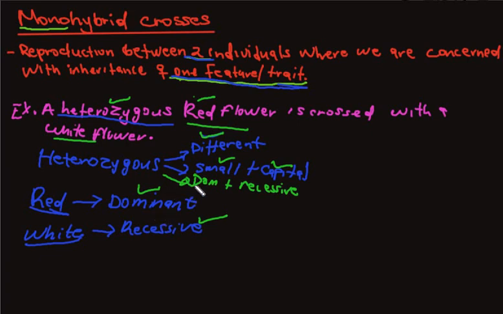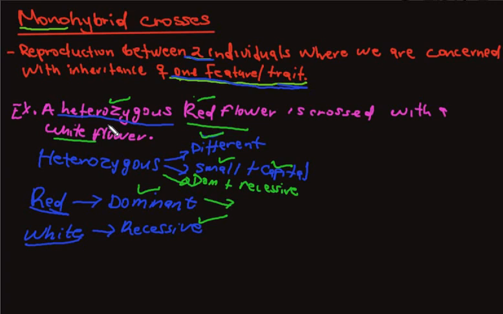Okay, now I'm going to wrap that off, and we will answer the question by crossing white and red. So now we know the genotype for red.